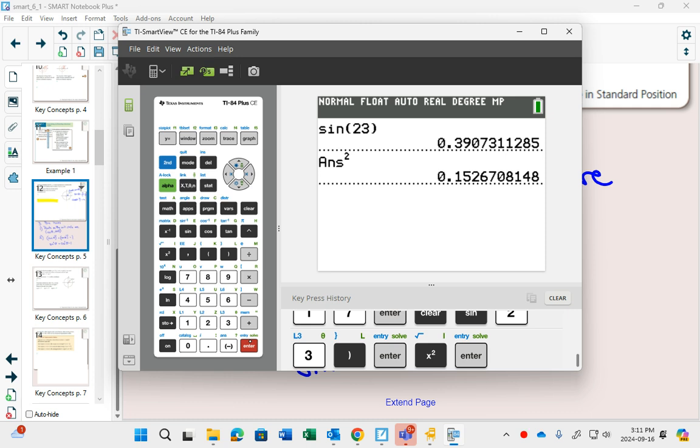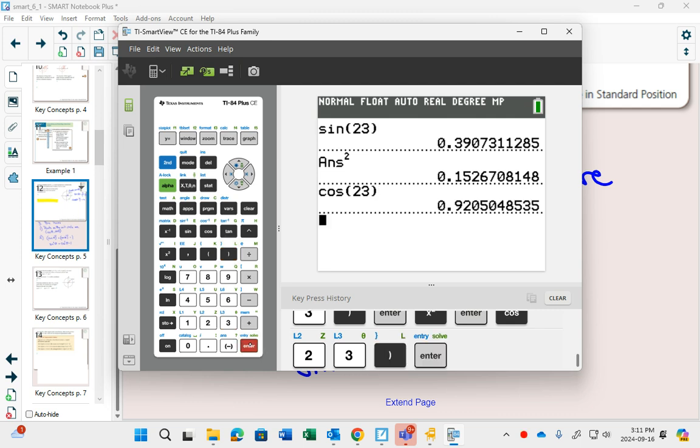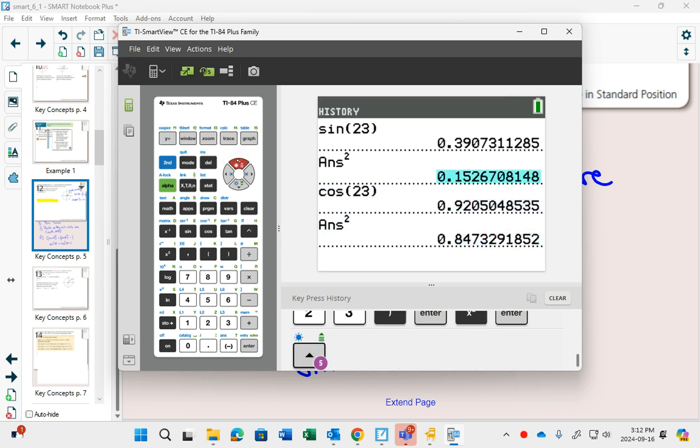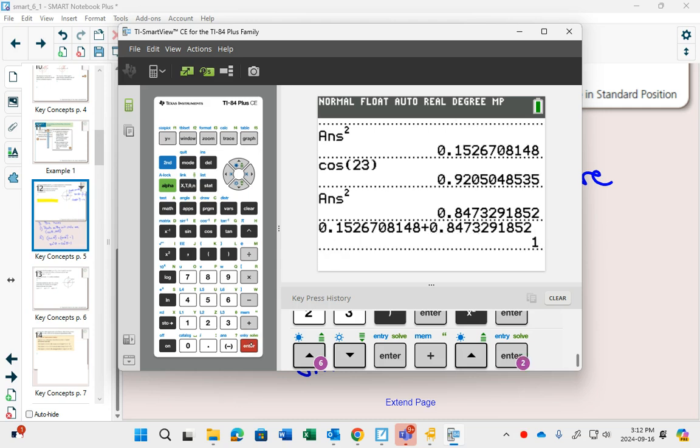Then did cos of 23, again 10 digits. What's the number after that one? 2. Wow. And then squared that. And if we took our first answer and added it to our second answer, 1.